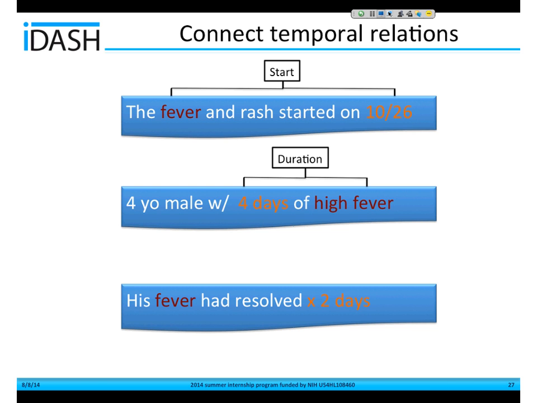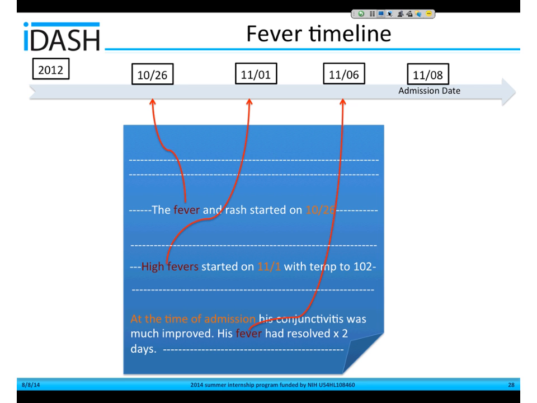As this is a negation statement, we'll mark it as end of the fever. Hopefully we could recover this fever timeline from the clinical notes and the temporal expressions we extracted.